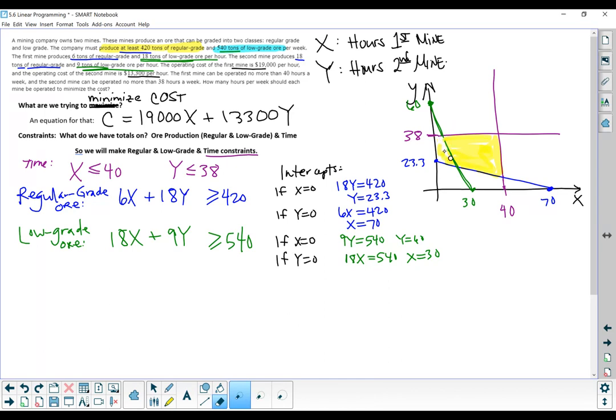So I'm going to erase away this, and that will leave us with our feasible region. We have all of our constraints taken care of. And what we want to do is minimize our cost.